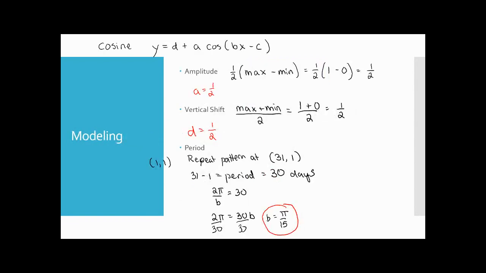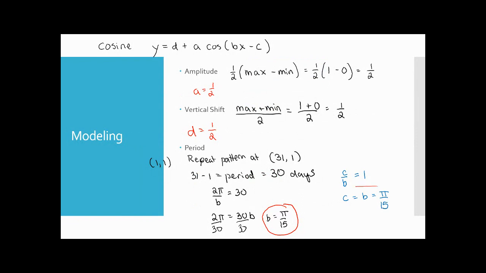So I'm going to just do this in a different color. We know that C over B is equal to the first point in our cycle, which is 1. And we've already solved for B, which is pi over 15. But it might be easier to just multiply both sides by B and see that C equals B. And so then we can see that since B is pi over 15, C is also pi over 15.